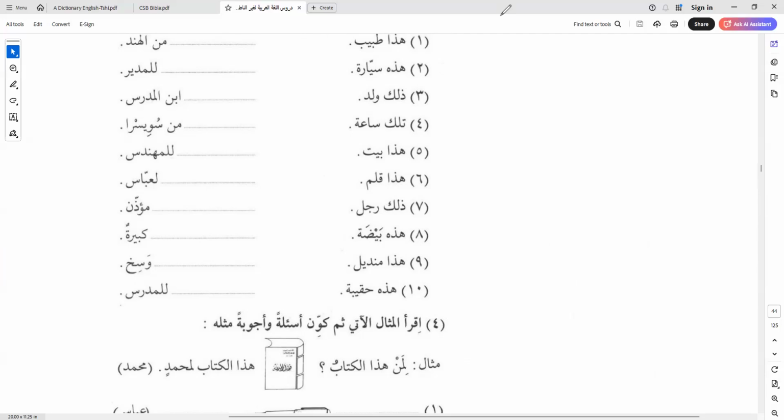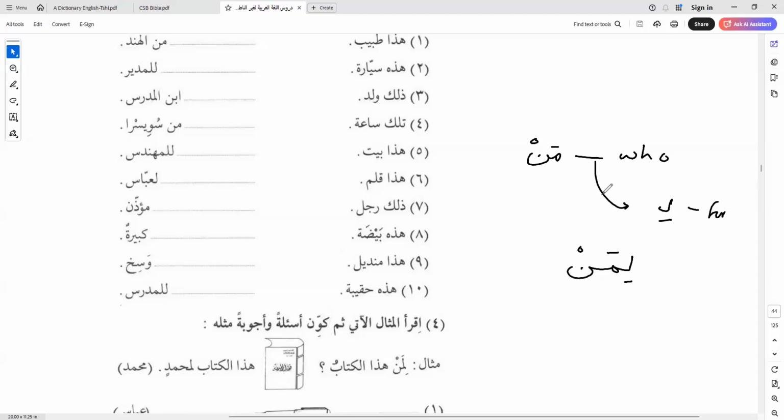And li can be combined with man. Remember, man is who in Arabic. So if you join li to it, it's going to be li man. Man is who, li is for. So if you join li to man, literally you're going to have for who.